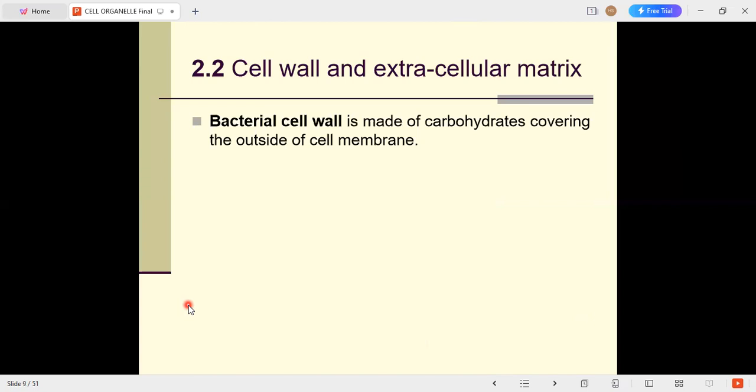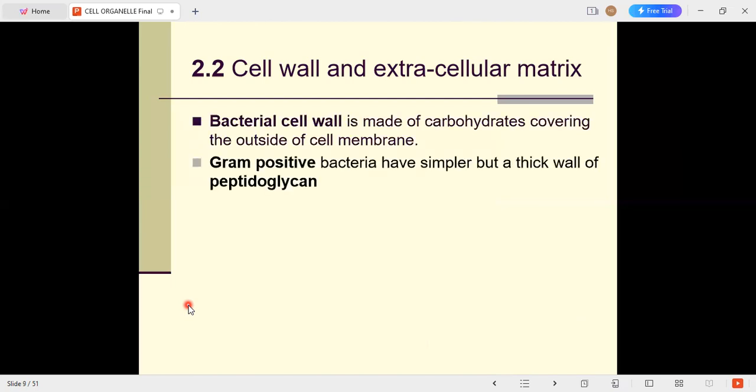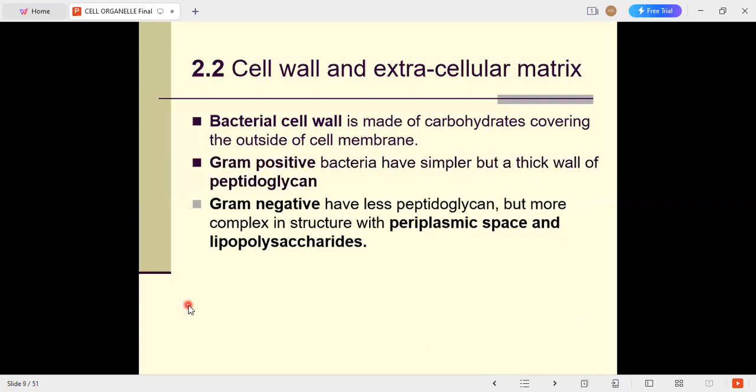Okay, the cell wall and extracellular matrix. Bacterial cell wall is made up of carbohydrate, which is covering the outside of the cell membrane. For example, gram-positive bacteria have a simpler but thick wall of peptidoglycan in order to protect the cell. On the other hand, gram-negative bacteria have a thin layer of peptidoglycan, but it is more complex in structure with periplasmic space and lipopolysaccharides.